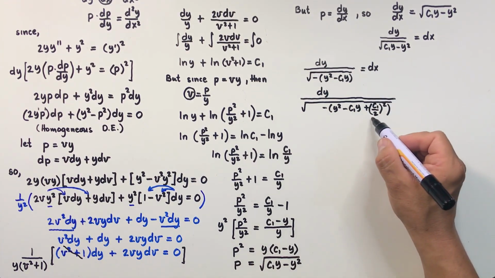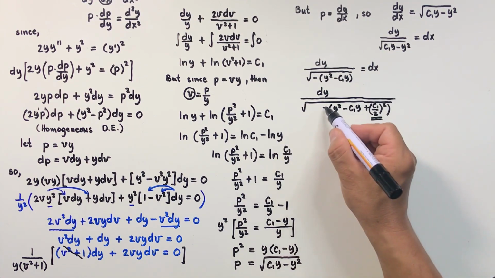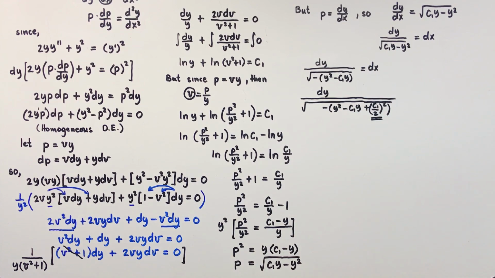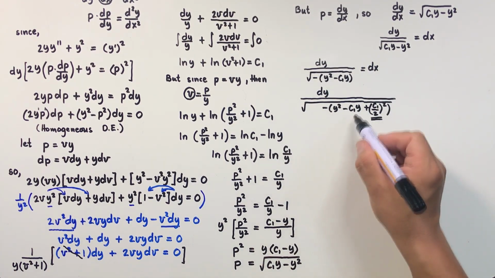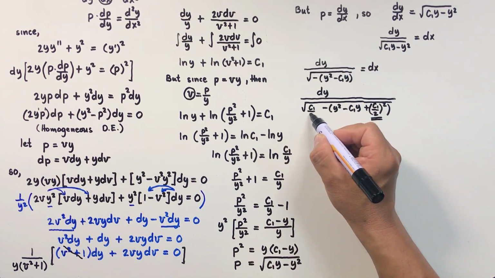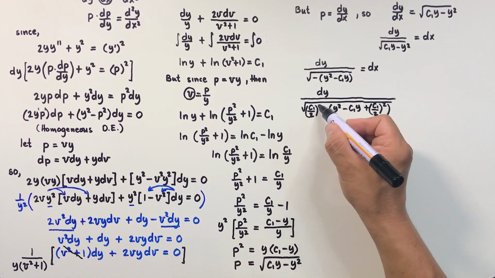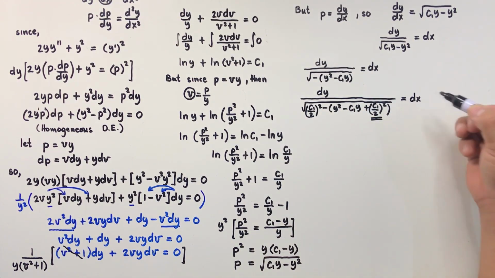So this is the added term here, but actually we are not adding because we have a negative outside the parenthesis. So we are subtracting this term from this one. So to balance, we have to add the same term here. And this is equal to dx.